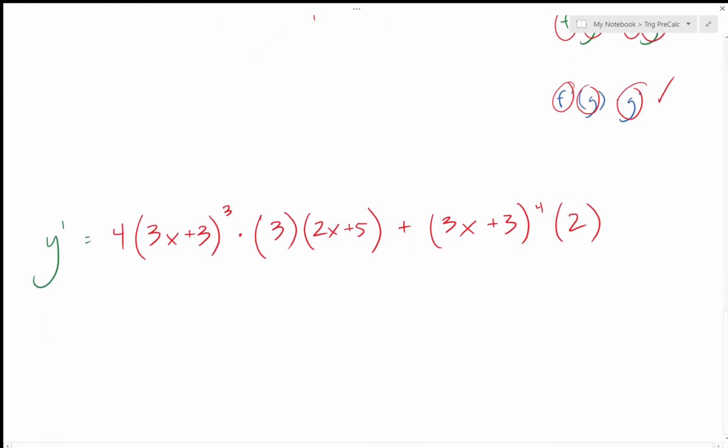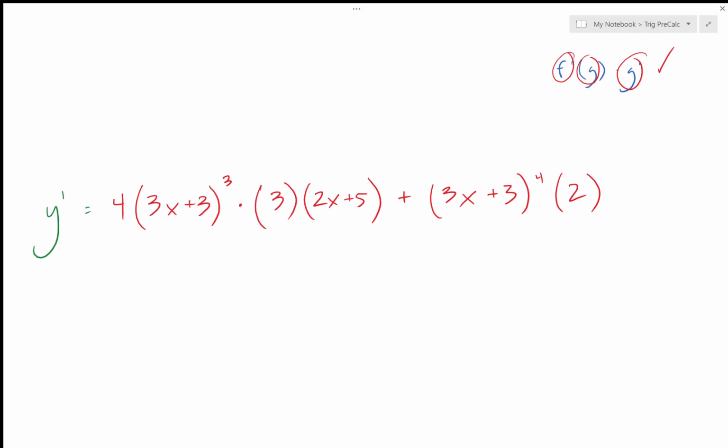So we've made a little bit of a mess of it. I can clean this up a little bit. Multiply some stuff out. So I'm going to multiply the 4 and the 3 because those are kind of loose terms out there. So we've got 12. Keep 3x plus 3 cubed. Those gone, those gone.